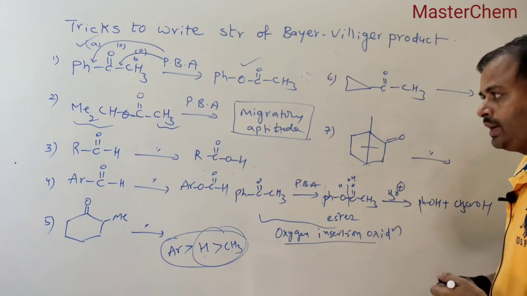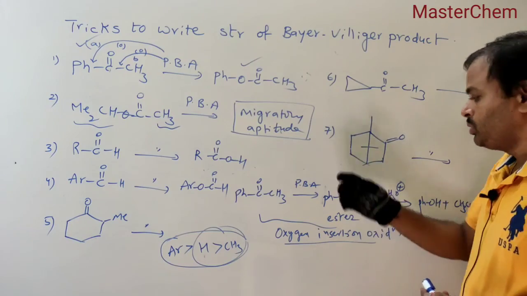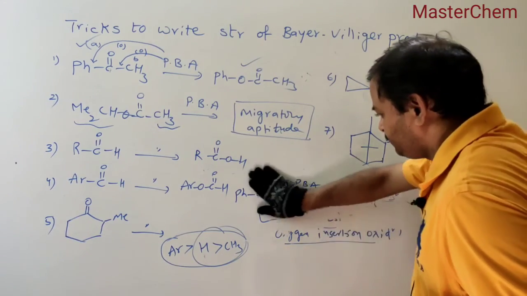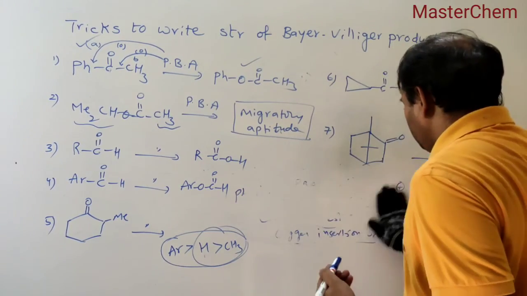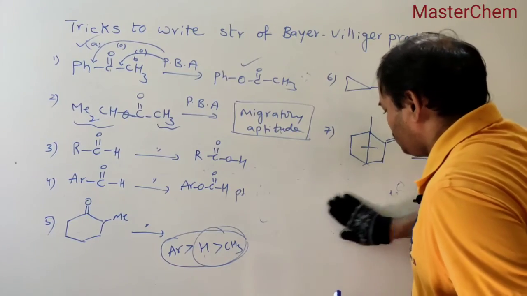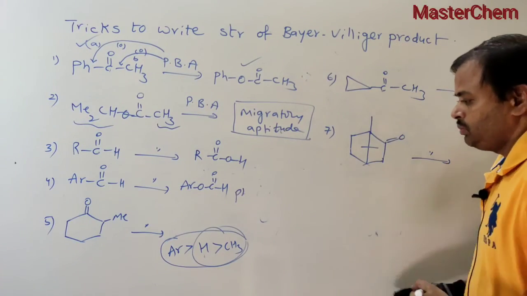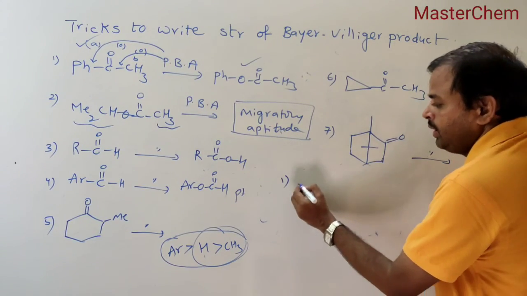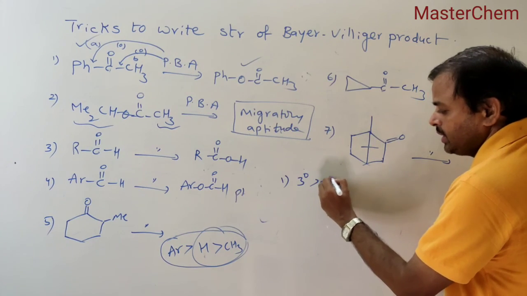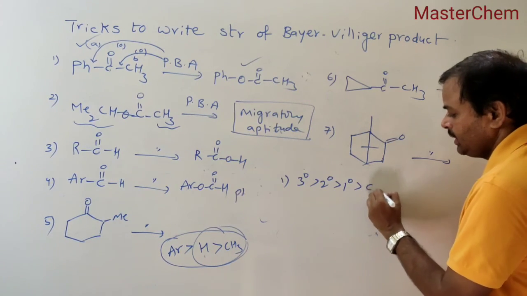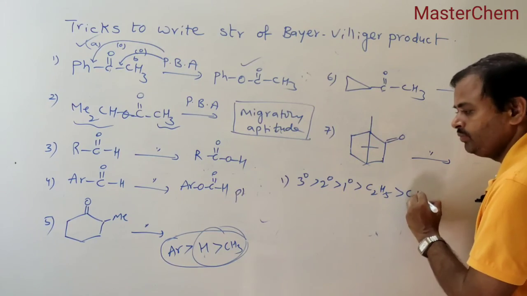If you want the exact migratory aptitude rule, there are three points to remember. First point: tertiary is greater than secondary, greater than primary, greater than ethyl, greater than methyl.